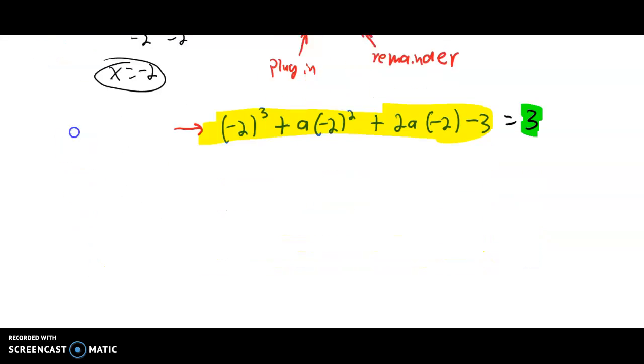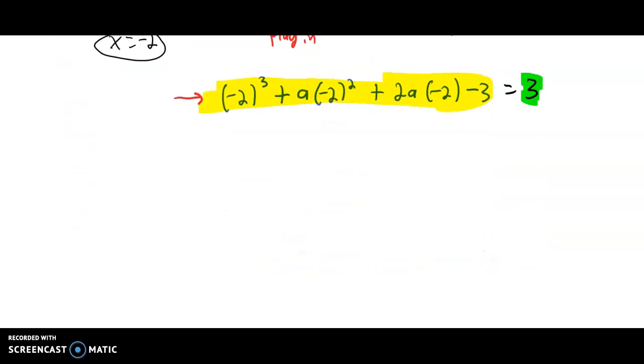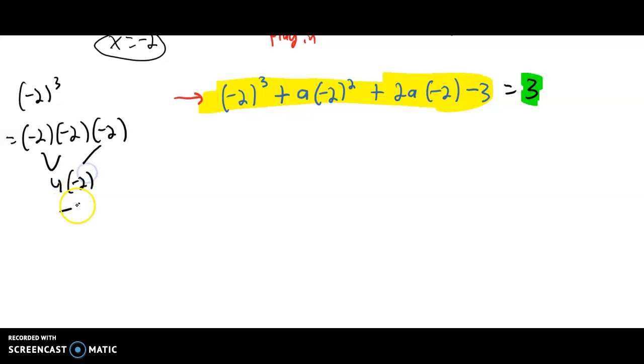Great. Now that we have it set up, all we have to do is crunch our numbers. Let me do -2 cubed over here. That's -2 times -2 times -2. -2 times -2 is +4. Times -2 is -8. So this here is -8 plus a times -2 squared, which is 4a.